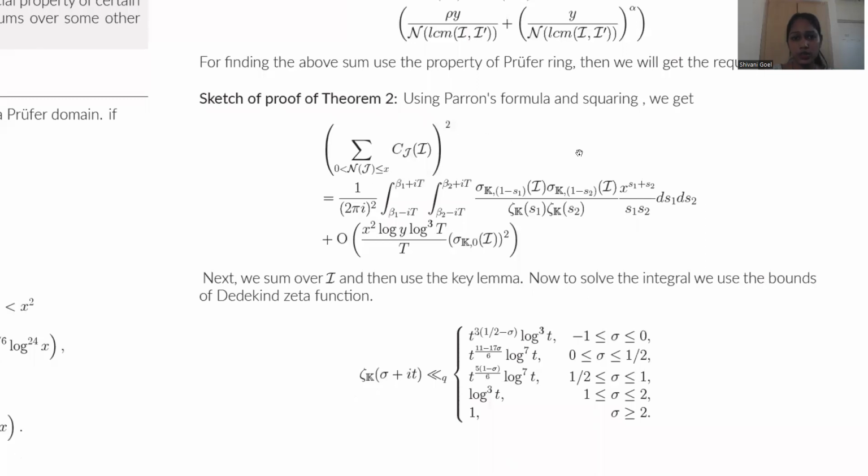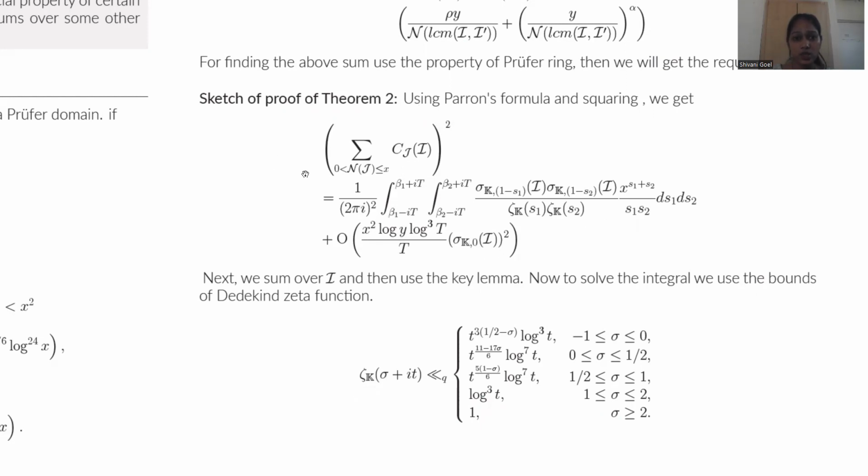Now we are ready to prove this theorem. First we use the Dirichlet series, which will give this sum, and now we square this sum. So we get this integral plus the error term of the order x squared log y and the divisor function.